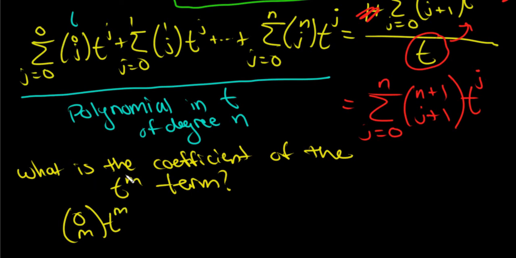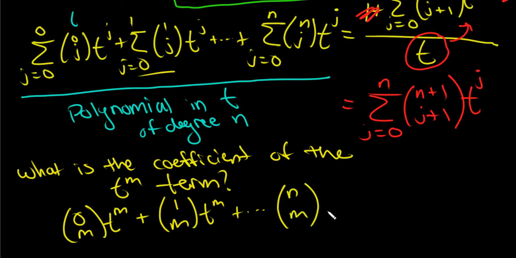Of course, it never gets there, but forget about that for now, because if this was higher than m, then it's just going to be 0, so we can include it anyways. And the contribution from this term right here is going to be 1 choose m times t to the m. And this is going to keep going. And the contribution from this guy is going to be n choose m times t to the m. That will be the contributions to this coefficient from each of these guys.